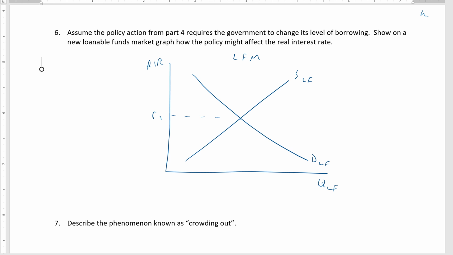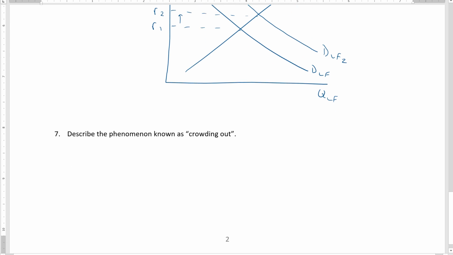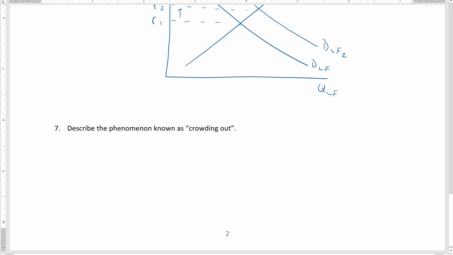If the government needs to borrow more money in order to spend more or cut our taxes, then there's going to be an increase in demand for loanable funds, which is going to raise interest rates. Okay? And when the interest rates rise, it is now more expensive to borrow money for investment purposes, or it is more expensive for me to borrow money for a new car or a new house.